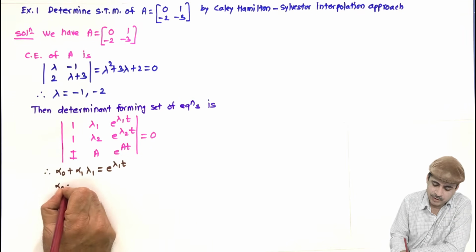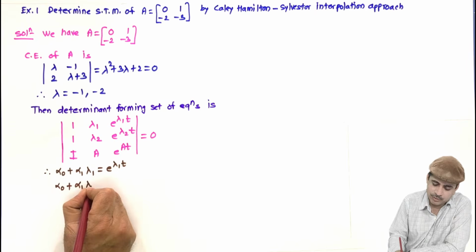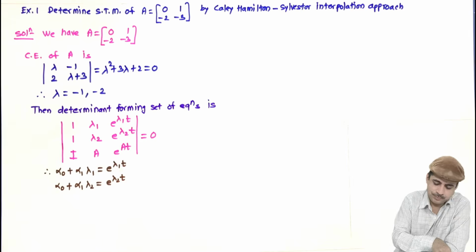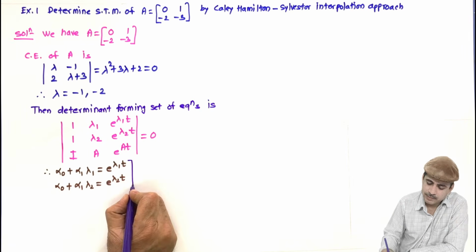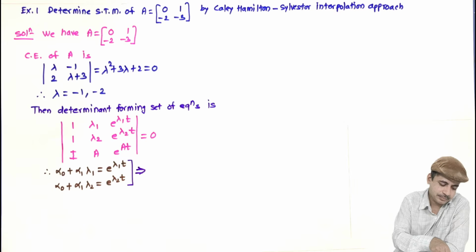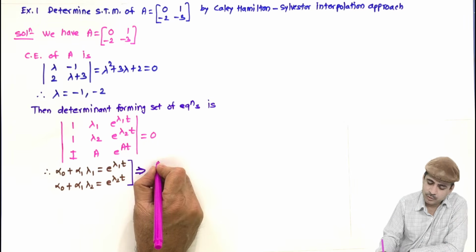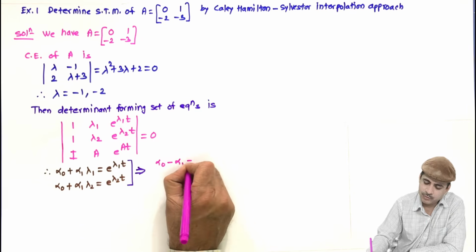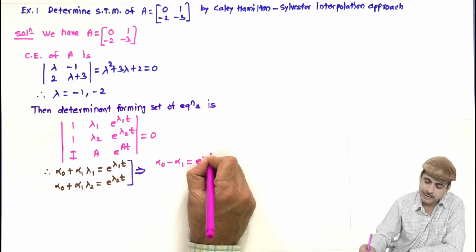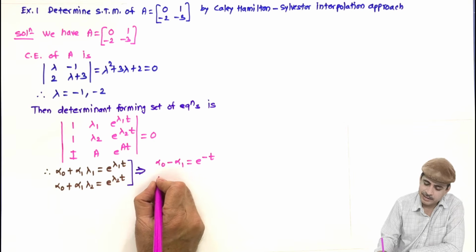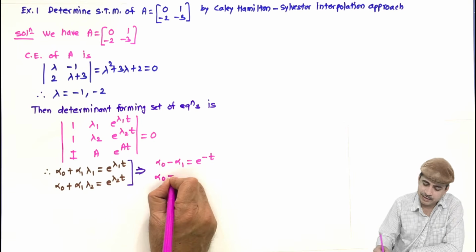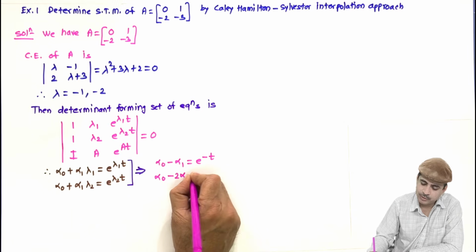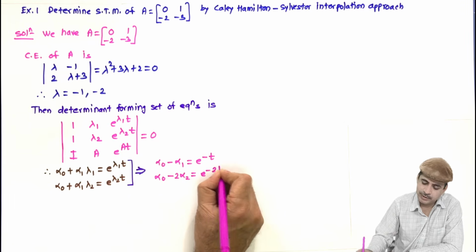Second equation, alpha 0 plus alpha 1 lambda 2 is equal to e raised to lambda 2 t, and this is giving me: alpha 0 minus alpha 1, as lambda 1 is minus 1, is equal to e raised to minus t, first equation. And second equation is alpha 0 minus 2 alpha 1, as lambda 2 is minus 2, is equal to e raised to minus 2t.